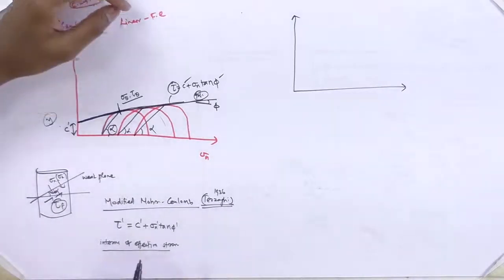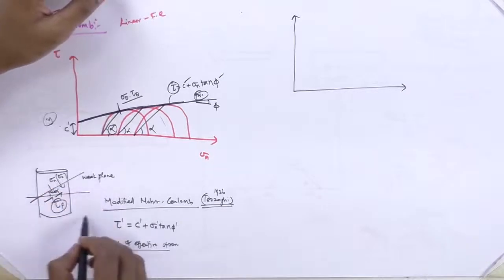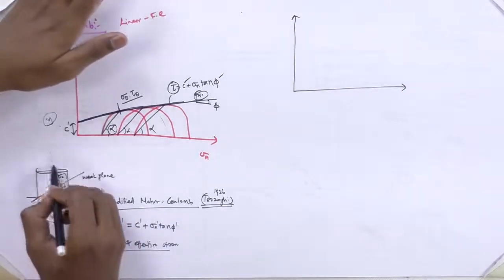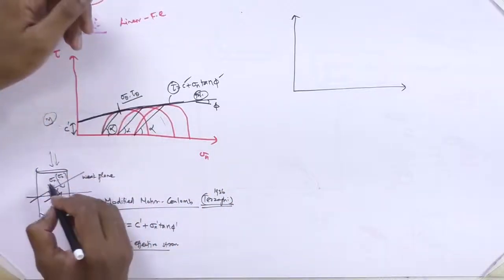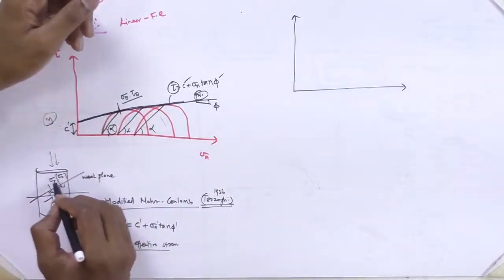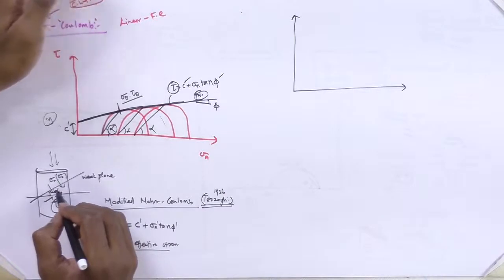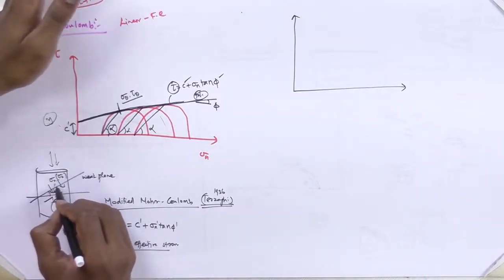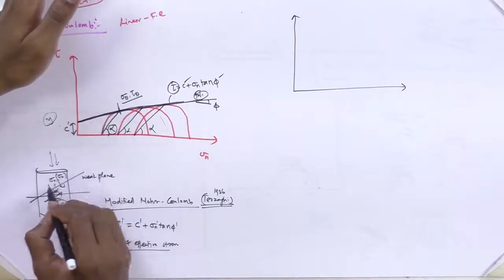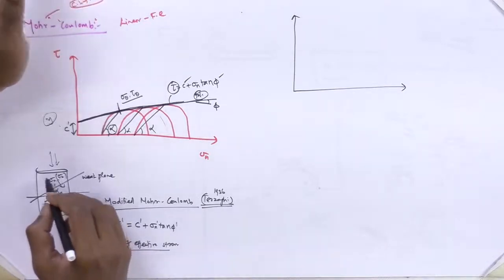What do effective stresses refer to? Actually, this soil has some water. If you apply some pressure, pore water pressure will be developed. So the sigma n acting on this plane is not the actual sigma n value. Pore water pressure develops in all directions, somewhat reducing sigma n.